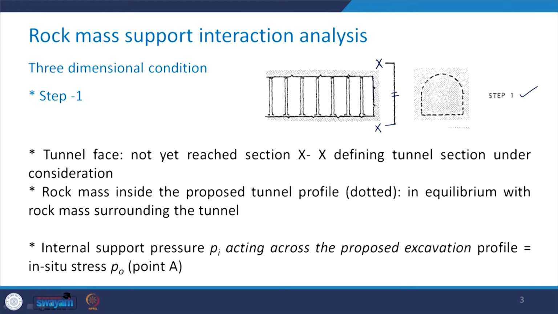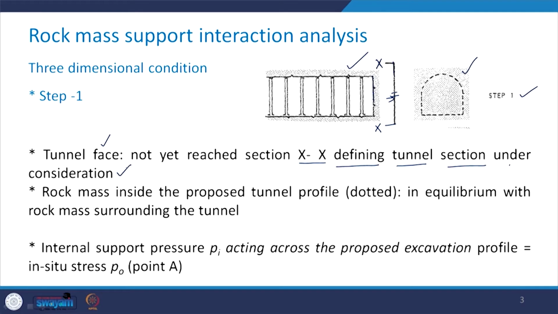If you take a cross section at XX and look in this direction, what you will see is the intact rock or rock mass through which the tunnel is being excavated. In this case, the tunnel face has not yet reached the section XX, which is clear from this figure, which is defining the tunnel section under consideration.